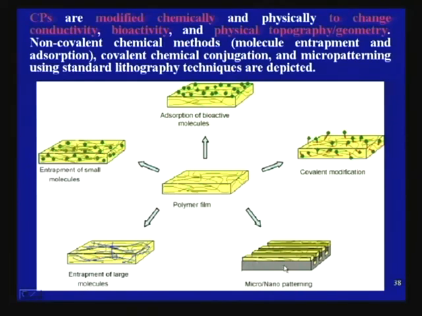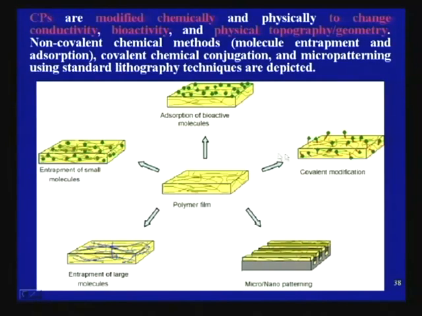You can do micropatterning as it is done in microelectronics. You can modify covalently, through primary covalent bonds, bioactive molecules. So, if you want to modify your polymer for a suitable application, you take a polymer having certain properties, then modify it so that it suits that particular biomedical application. This is the general concept.